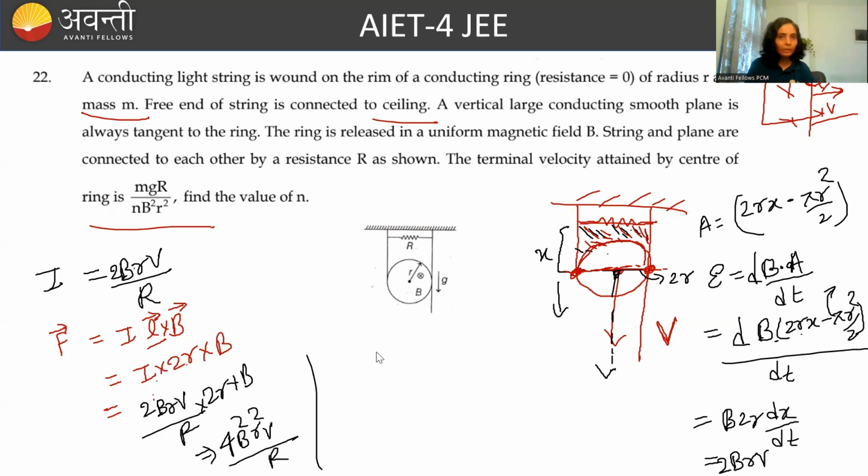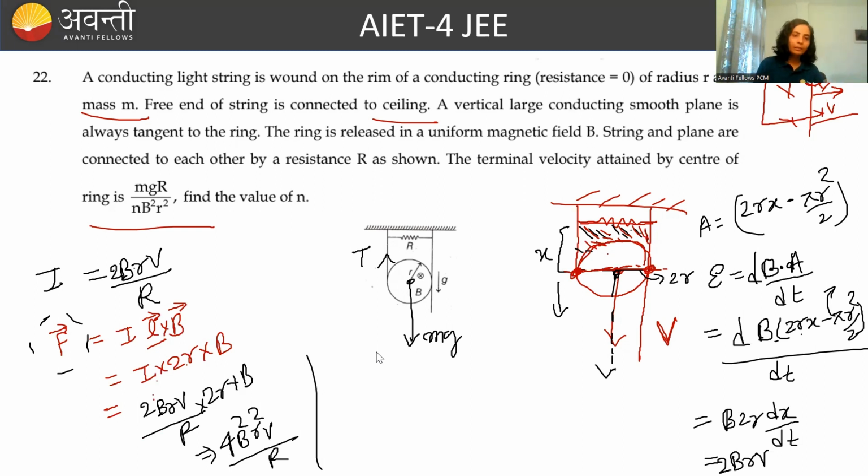Now let's see what else forces will act. If you write the free body diagram of it, mg force will act downward, here the tension force will act. This is frictionless, no friction is present, and this magnetic force is also present. Let's forget about its direction for now. First concentrate on the tension force.